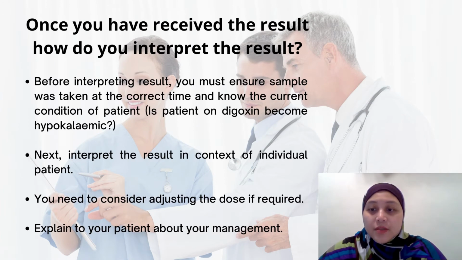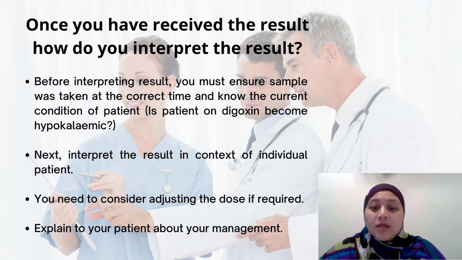Once you have received the result, how do you interpret it? Before interpreting the result, you must ensure the sample was taken at the correct time and you must know the current condition of the patient. For example, whether the patient has any electrolyte imbalance. If the patient is hypokalemic and received digoxin, you must consider all this. Next, interpret the result in the context of the individual patient.